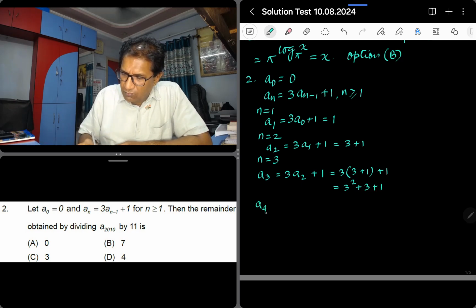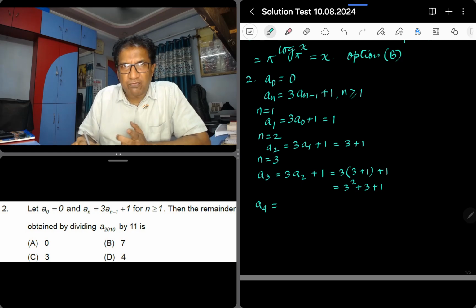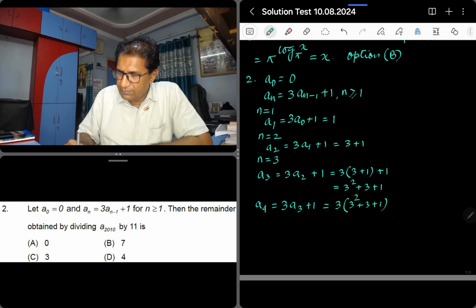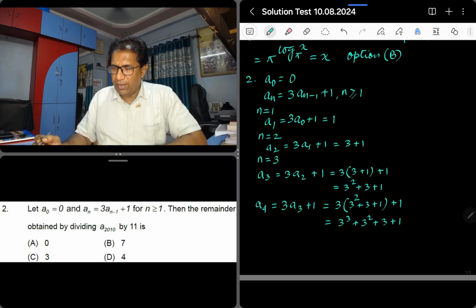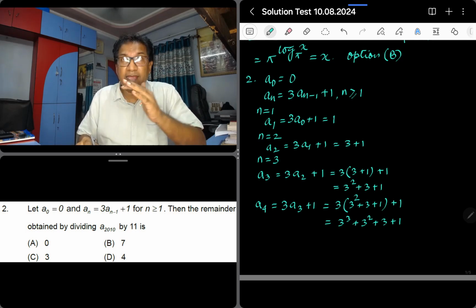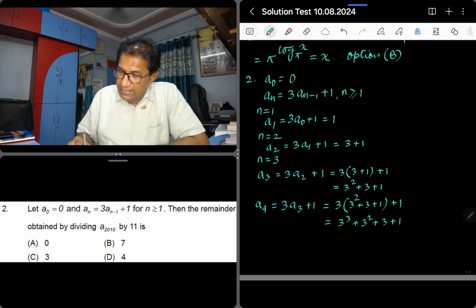Now, what will be A4? In place of N, I am putting 4. So we are getting A3 can be written as, so we are having, okay. So have you observed this? A suffix 4 is ending with 3q.